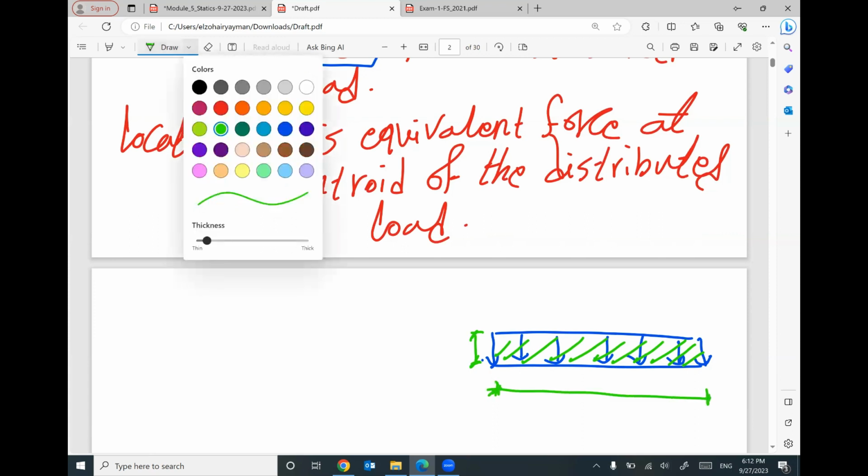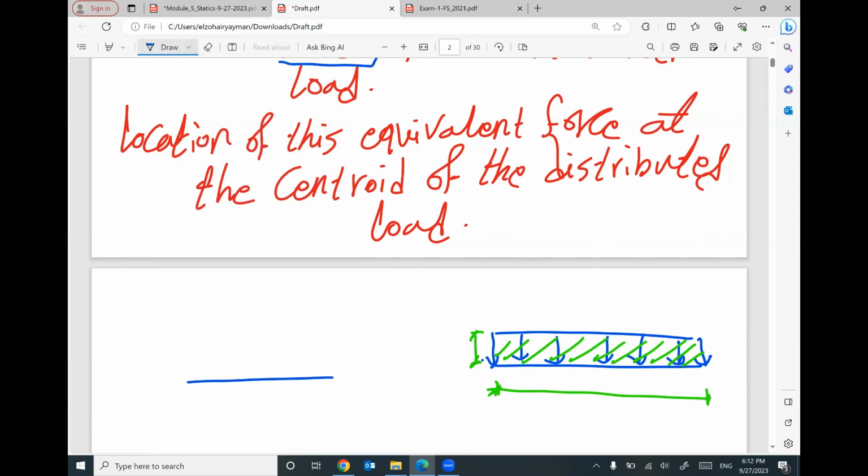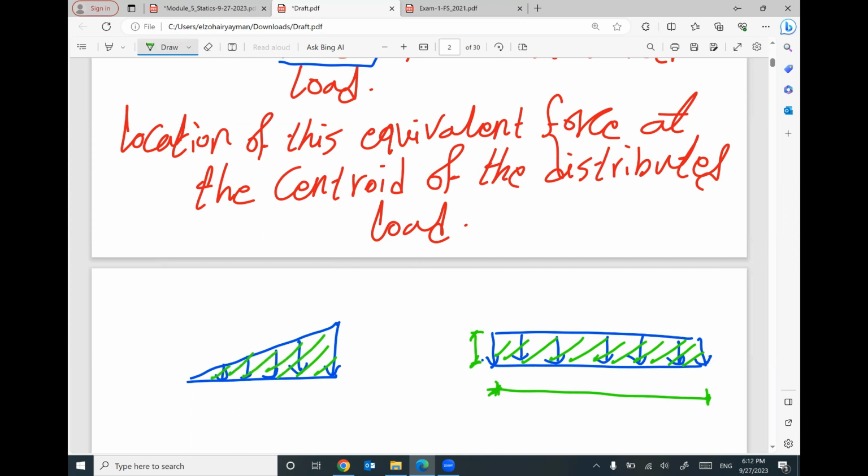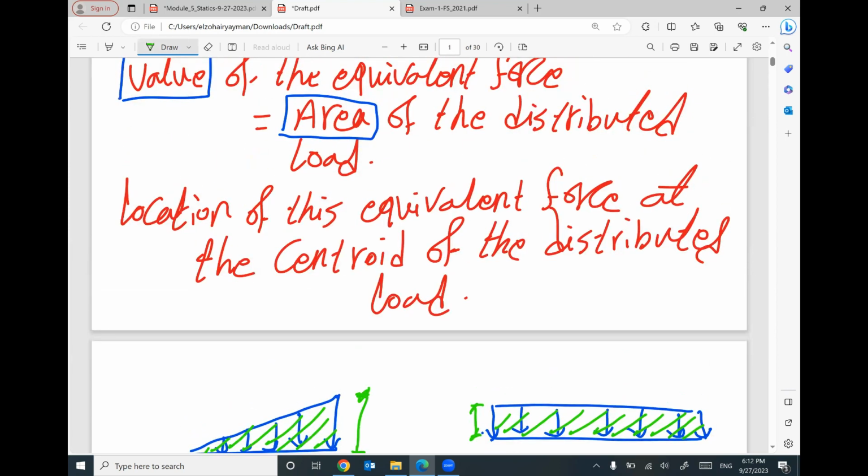If your distributed load looks like right angle triangle, the value of the equivalent load will be this area, which is 1/2 times base times this height. That makes sense? So the value will be the area of the distributed load.